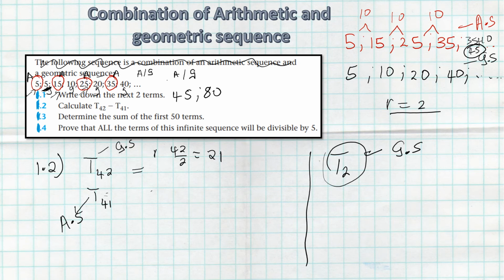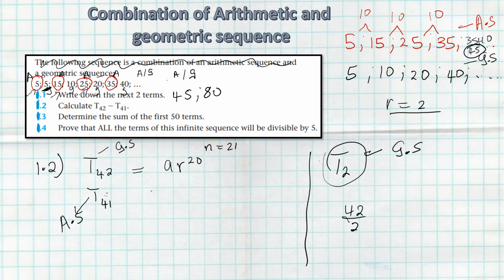It means its n is 21, so to get it, we'll say AR exponent 20, then you get the answer for term 42. Very tricky, so be very careful when they are combined. Just divide that number 42 by 2, because there are two sequences.